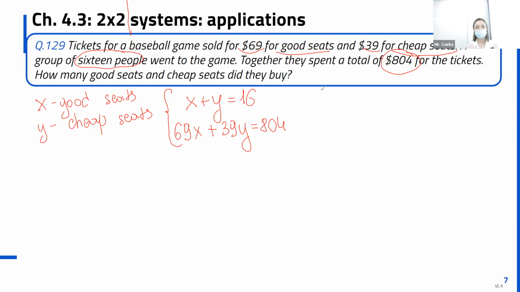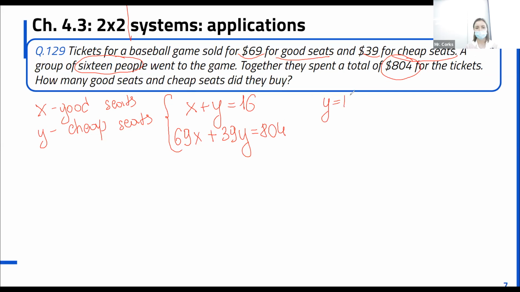Okay, so let's use substitution for this part. So we have y equals 16 minus x. Actually, substitution here is a bit difficult because we have huge numbers. Even if we want to multiply, we would have to multiply 16 by 69 or 39, so inconvenient either.